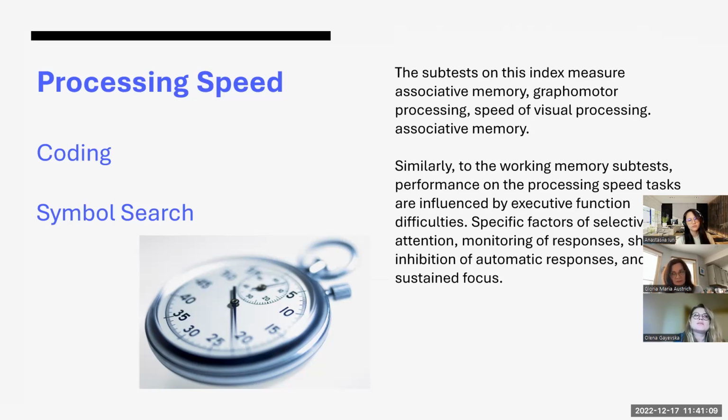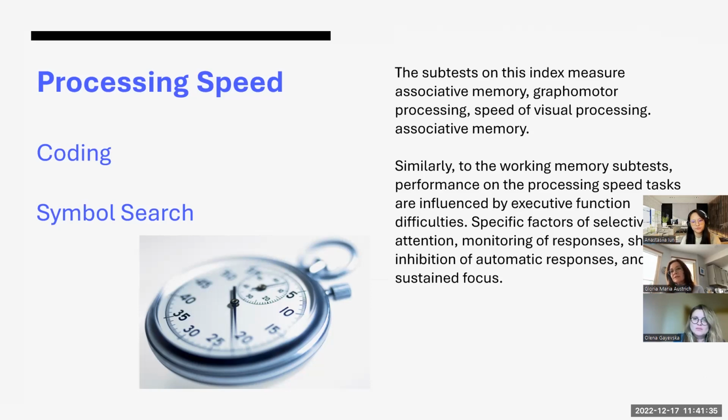The student is taught through demonstration that you have to use the key to make the mark or the symbol that goes with that number. So that's the associative learning piece. You're associating a number with a symbol, sort of like a letter with the sound, or a number with the value. And this one does measure graphomotor speed because the student actually has to make that symbol within the boxes.